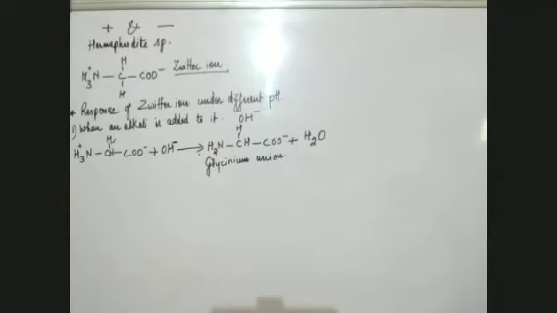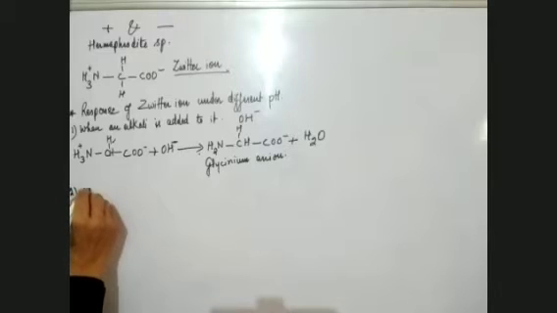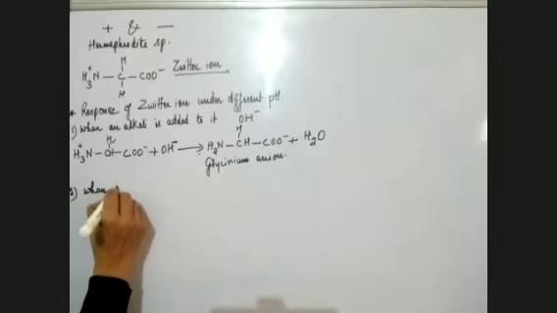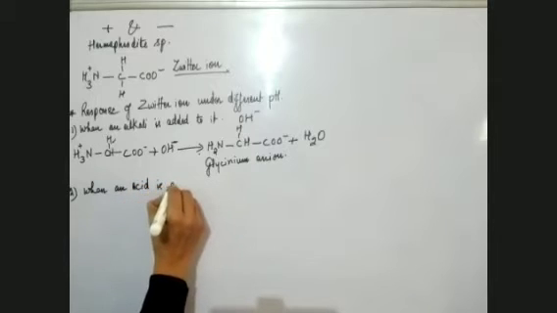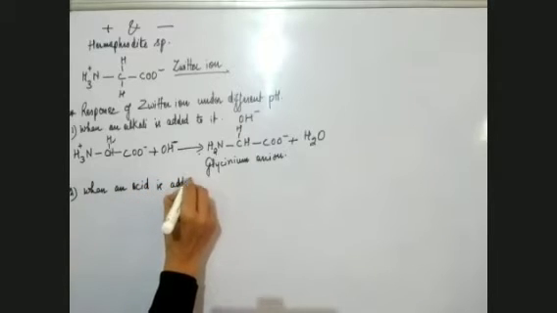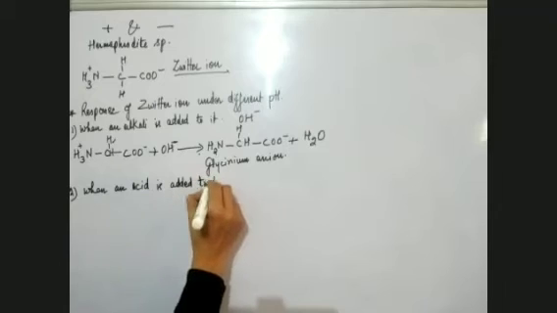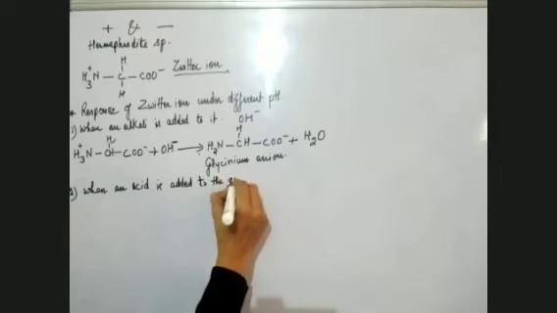Okay, fine. Now I'll show you what happens when acid is added to the Zwitter ion. The second thing which I'm going to tell you now is when an acid is added to it, that is H+. Here the reaction is H3N+, CH2, COO-. This is the Zwitter ion.